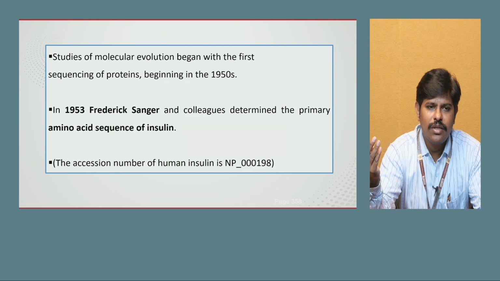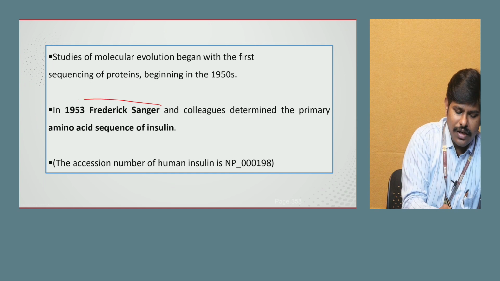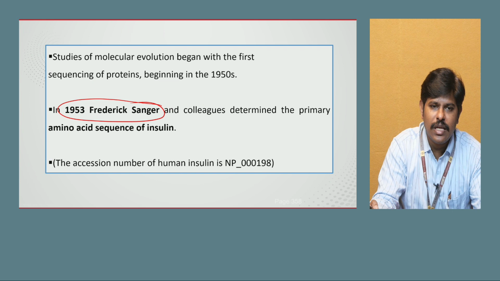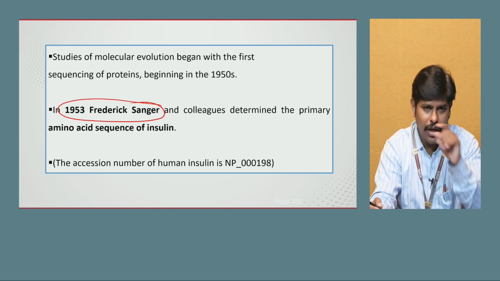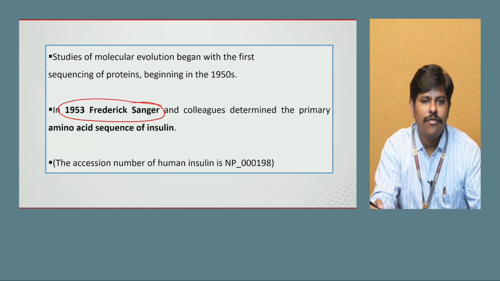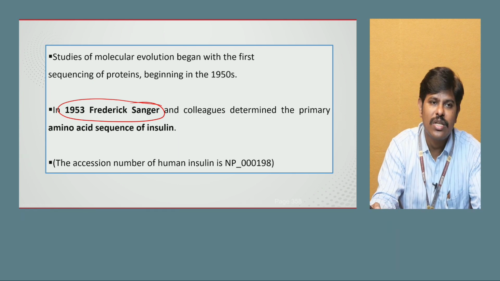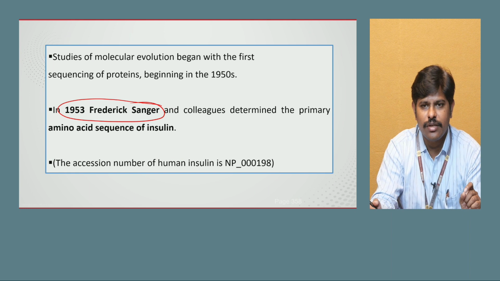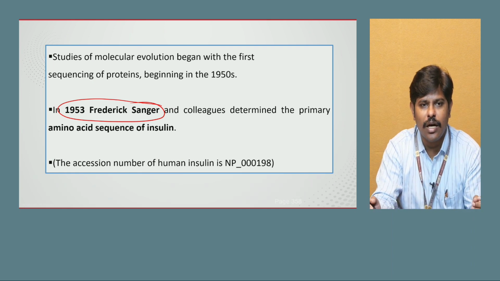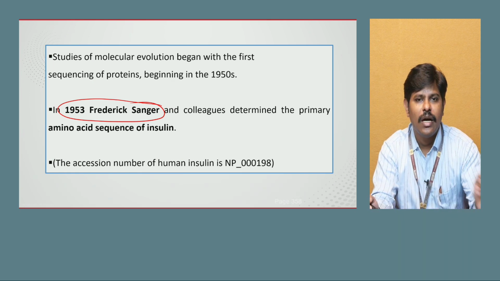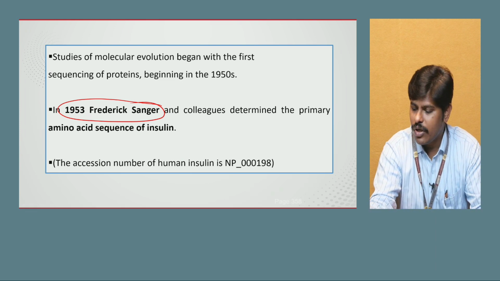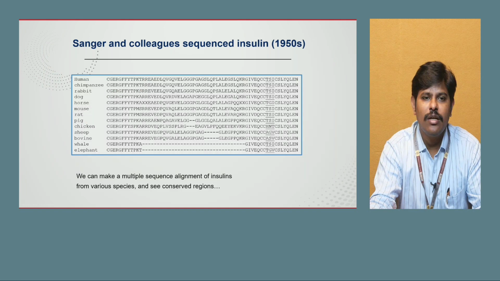Molecular phylogenetics advanced basically because of Frederick Sanger. In 1953, Frederick Sanger and his colleagues determined the primary sequence of the insulin protein. All the amino acid sequences of insulin were determined using protein sequencing technology. He is the first person who pioneered protein sequencing and also DNA sequencing, and he got 2 Nobel Prizes for his great accomplishments in molecular biology.